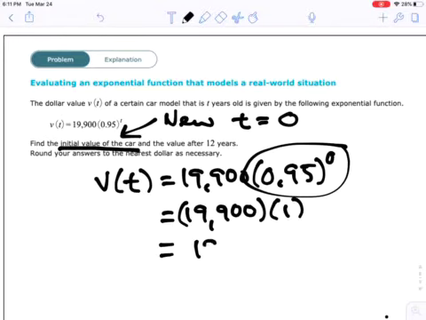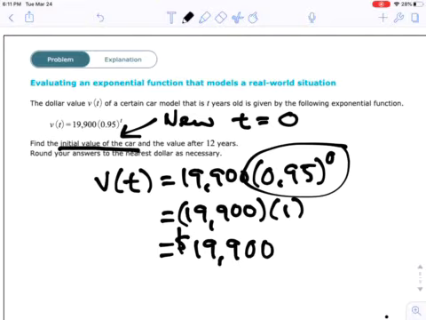And then by looking at this problem, you can see that the car's initial value is $19,900. All right? So that's pretty easy. And usually once you do a couple of these, you'll be able to look right at this and go, oh, well, the initial value is the thing that doesn't have the exponent on it. So 19,900.